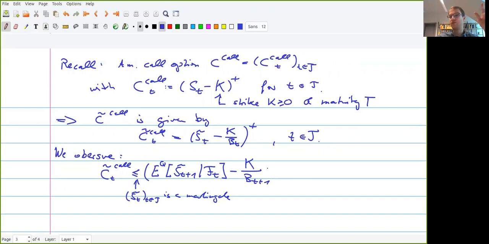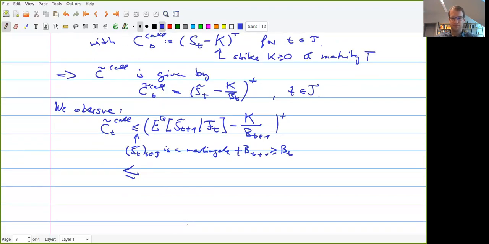Here we use that the interest rate is non-negative. So we just subtract less, making this difference bigger. So these are the two properties for this.